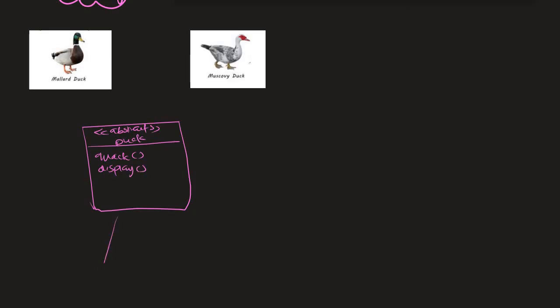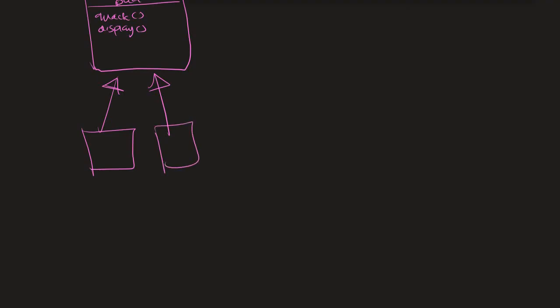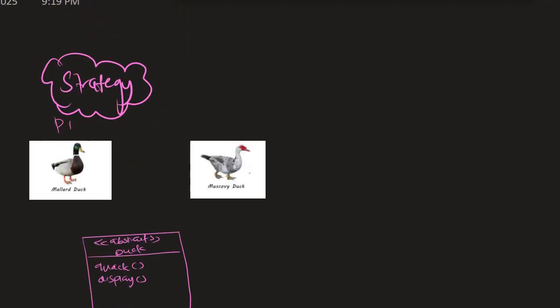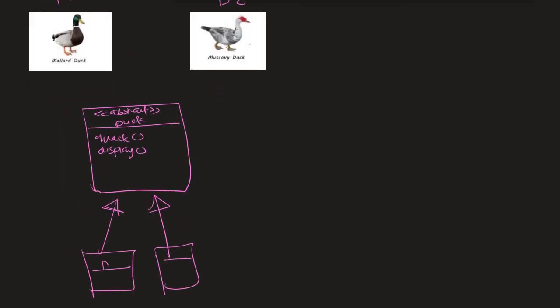All the types of ducks that you'll have are going to extend this class, so you're using inheritance. Let's say you call this duck D1 and this one D2. So your D1 and D2 are simply going to extend the parent class. So your job is done.